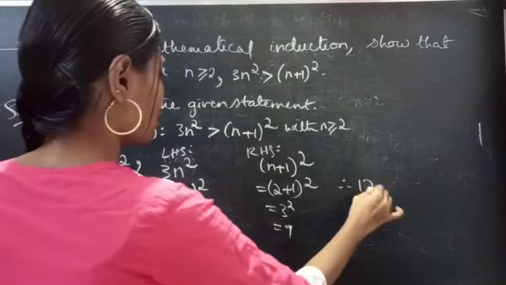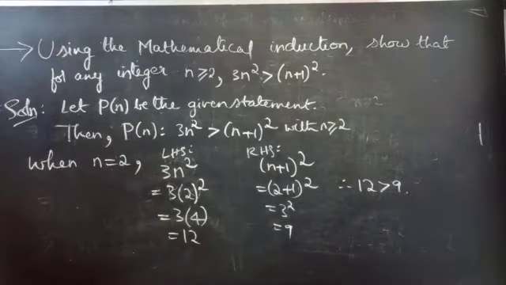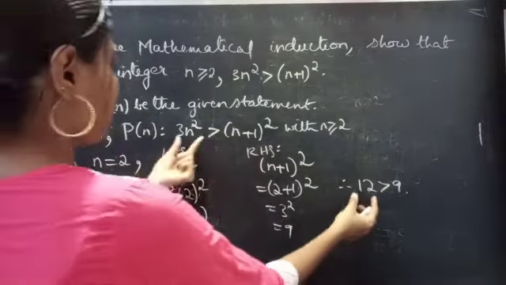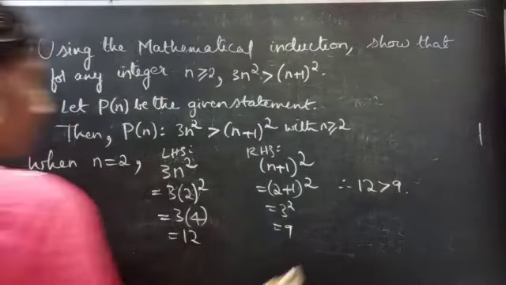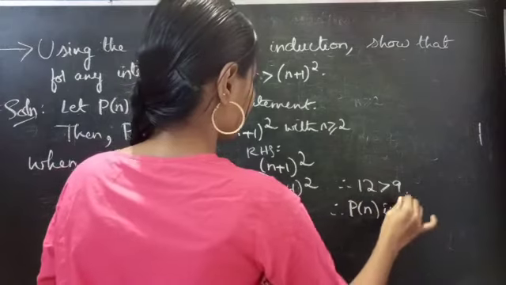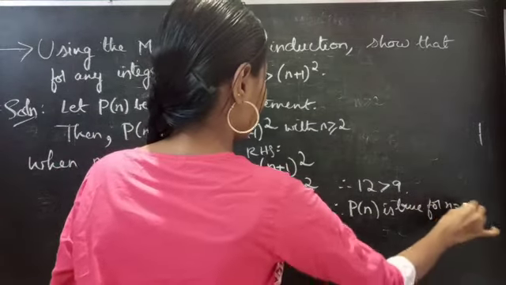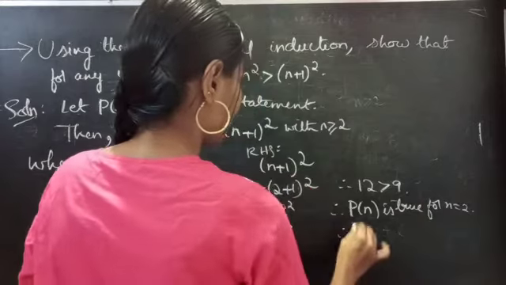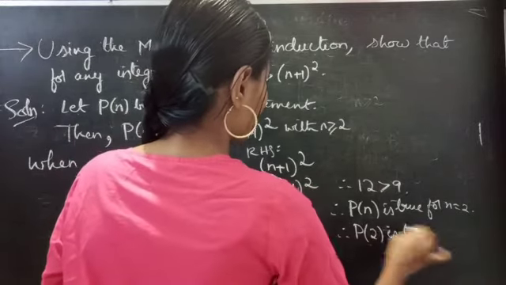Since LHS is greater than RHS, we can say that P of n is true for n equals 2. That is, P of 2 is true.